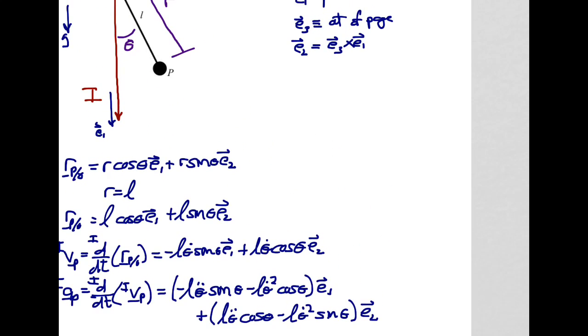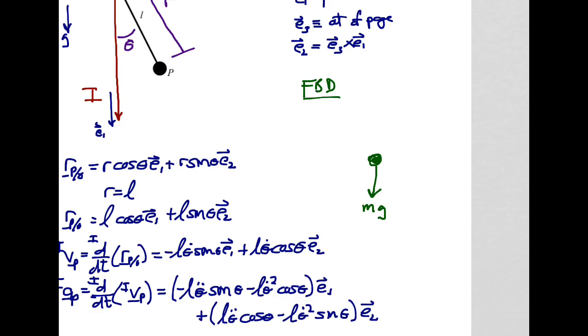Before we can apply Newton's second law, we need to define the forces on the particle. We do that using our free body diagram, which consists of our mass P. We have the force due to gravity pointing down, or in the E1 direction.